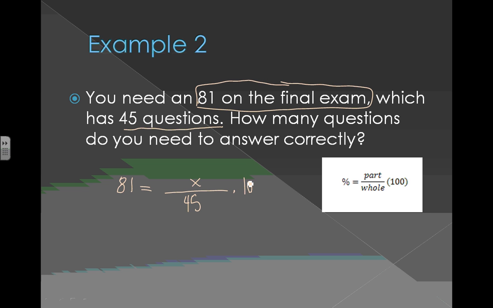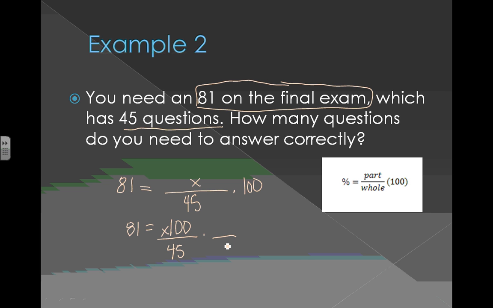Times 100. Well, how are we going to solve for X here? The easiest way is to realize that, in order to simplify, you can get X times 100 divided by 45. It's the same thing.